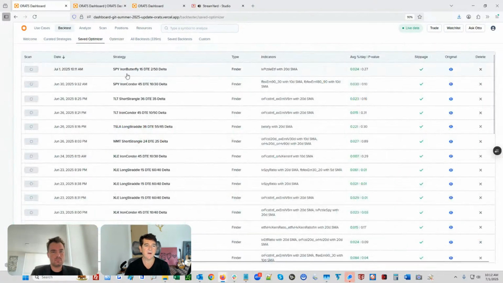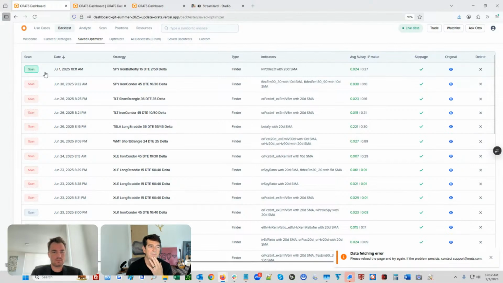So this is a saved iron butterfly 16 DTE. You could sort these by various ways. You can sort them by returns. You could sort them by many different things. But this particular one, we've sorted. And then, do you want to explain what this button is, Tyler?